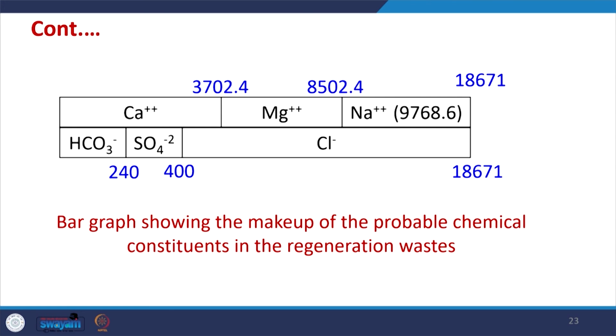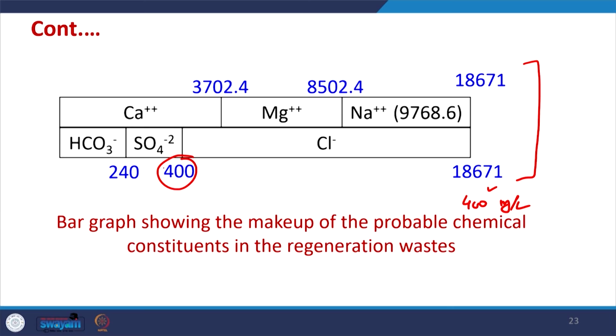So, you can tentatively see earlier before treatment and after treatment we had the limit of only 400 milligram per liter, and after treatment it has become 18,671. So, the regenerated waste has a lot of ions present, and treatment and disposal of these ions becomes a very challenging issue, and the calculations have been performed here and written here.